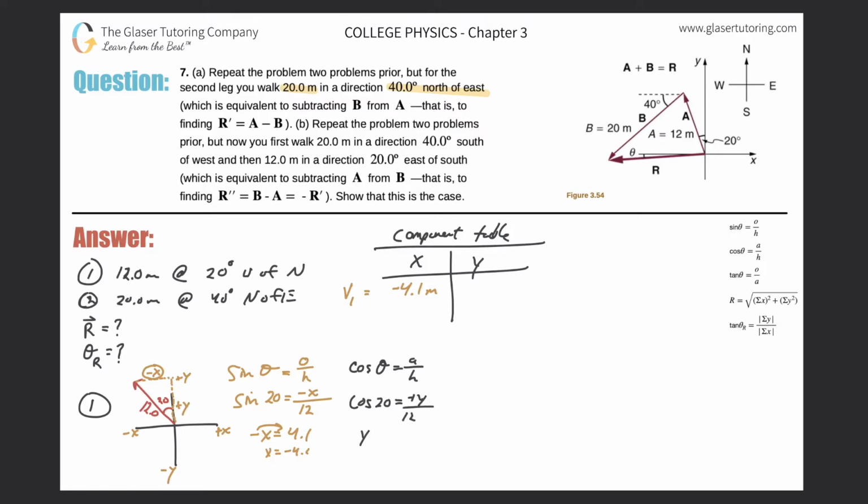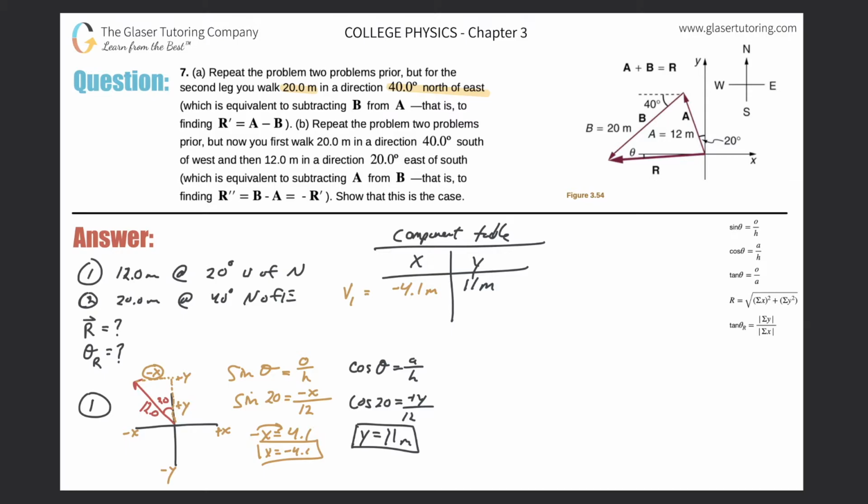Plug this into the calculator: cosine of 20 multiplied by 12. In 2 sig figs, this works out to be 11 meters. This is the y component of vector 1, so I plug in 11 meters here. Let me box in the x component of vector 1.